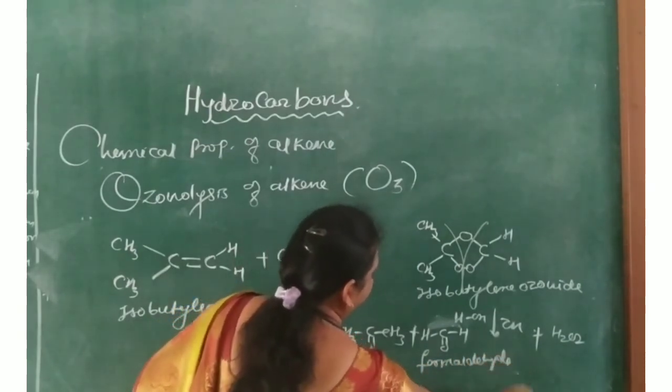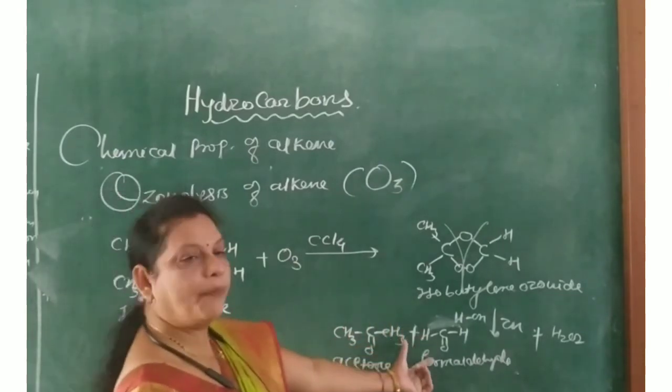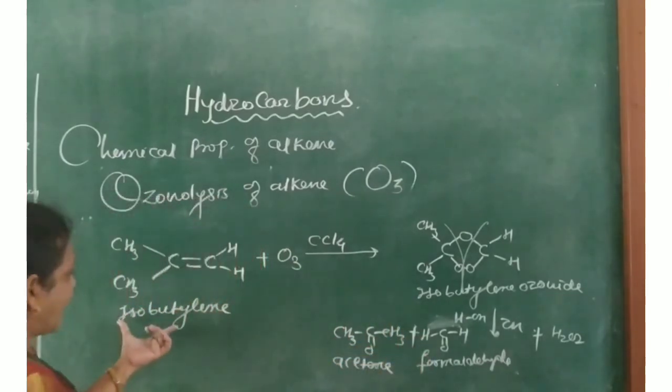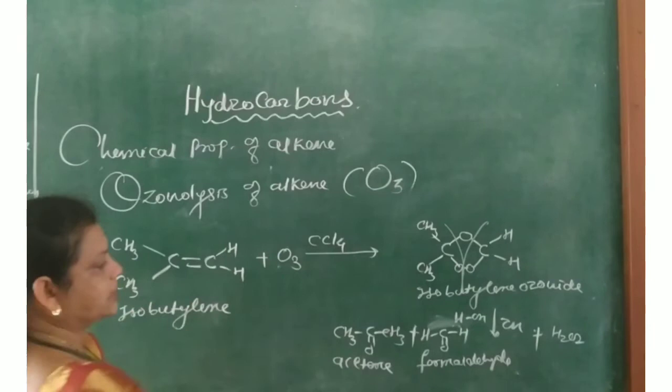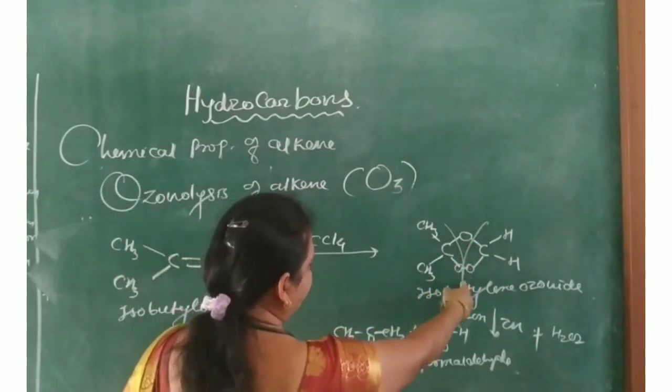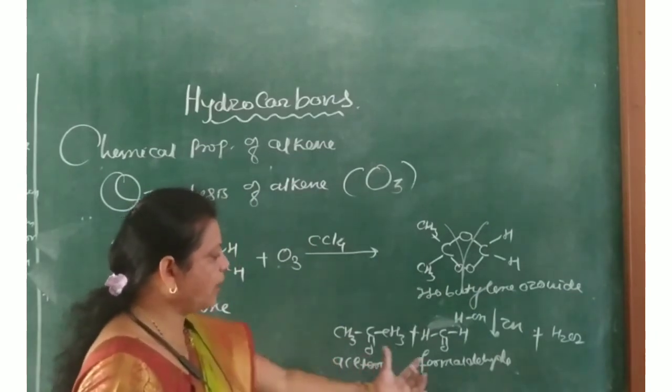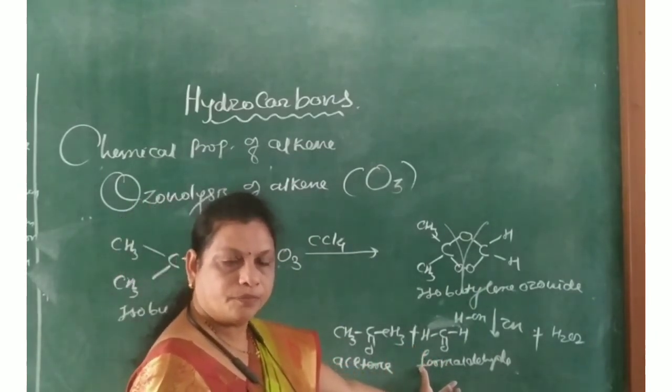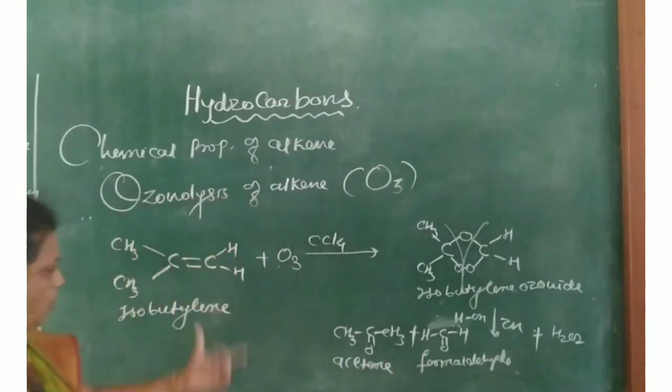So here acetone and formaldehyde. Isobutylene on ozonolysis gives isobutylene ozonide, which on breaking forms acetone and formaldehyde.